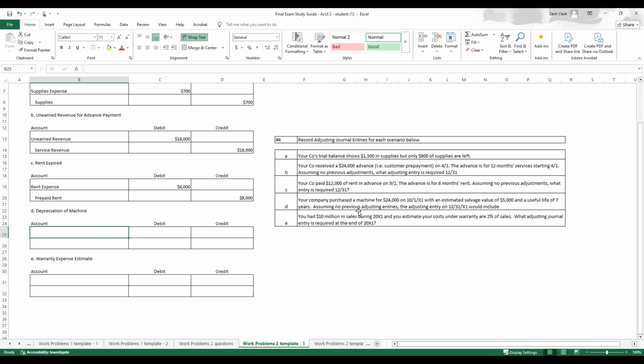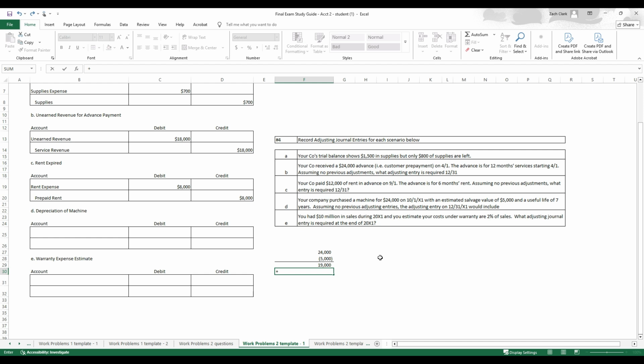Here we bought a machine, so let's do our depreciation calculation. It's a $24,000 machine minus $5,000 salvage value, which means we get $19,000 of depreciable value.